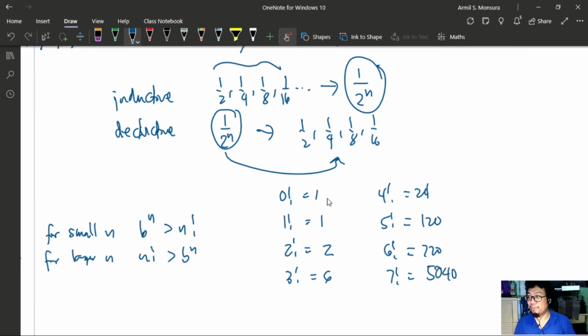So you should be familiar with this number pattern, especially when dealing with sequences that may contain factorials.